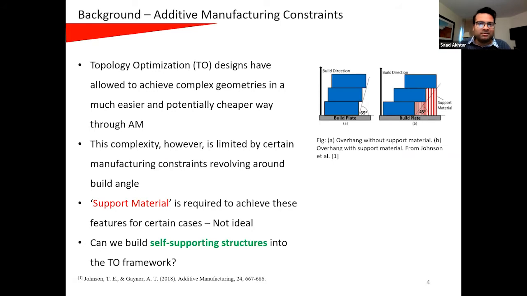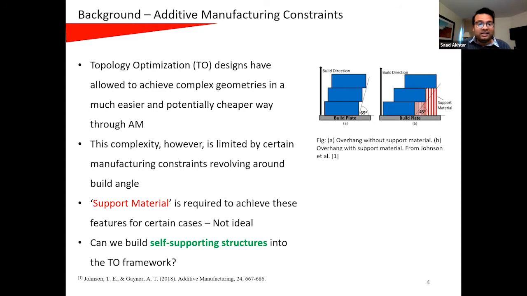Topology optimization, like I just mentioned, is optimization of material placement, or optimization of building efficient cooling channels, if you give the optimizer a certain cost function. And it does allow you to come up with ingenious ways of building complex geometries that are easier and potentially cheaper to manufacture through additive manufacturing.